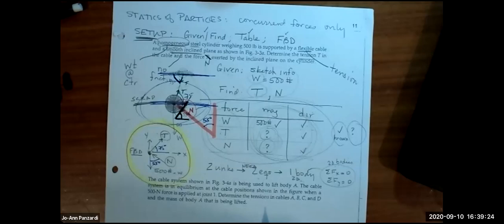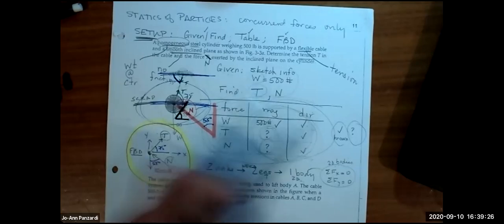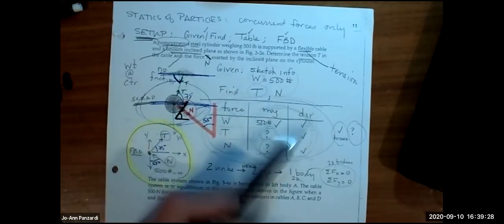T represents tension, but when you pick a variable, it's describing one of your forces. And the key thing of this whole thing is your free body diagram. When you come down to it, I'm not going to look at the table anymore. I'm just looking at my free body diagram, and it shows me that T is being used for the tension in this cable, and this normal is the variable used for this normal in this problem.